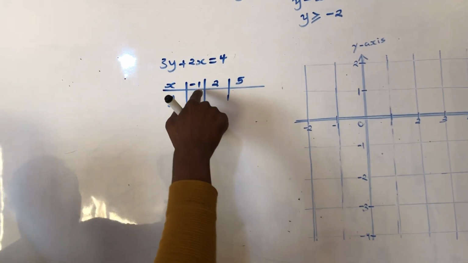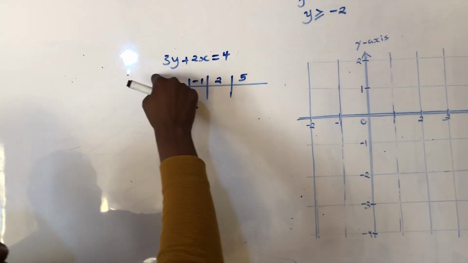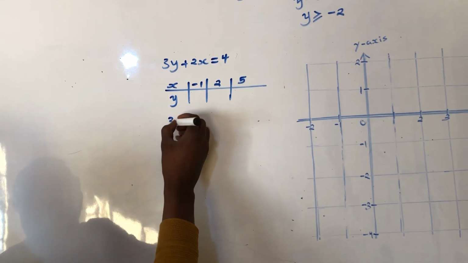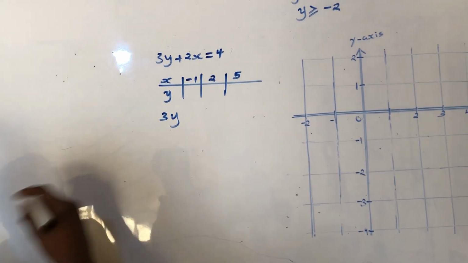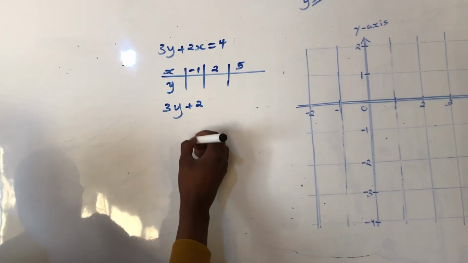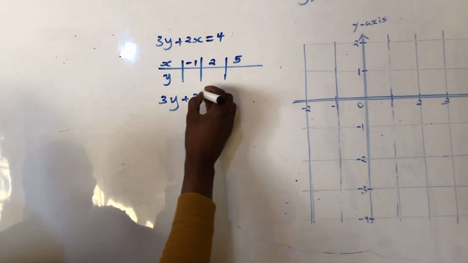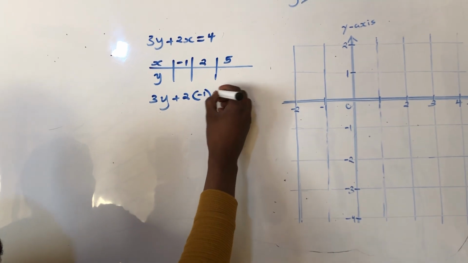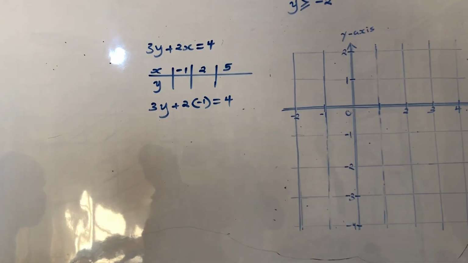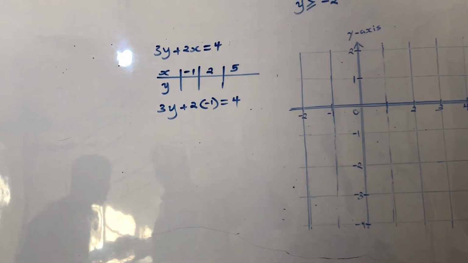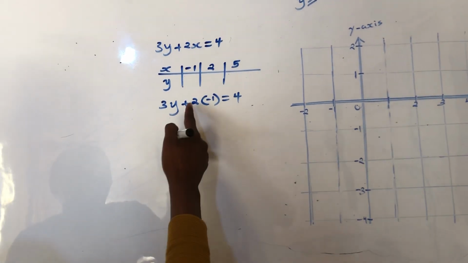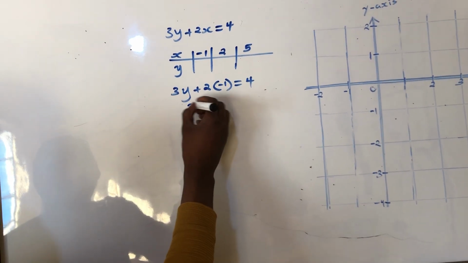We will start with the number -1. We will substitute -1 in this equation. This will be 3y plus 2 times -1 is equal to 4. What is 2 multiplied by -1?